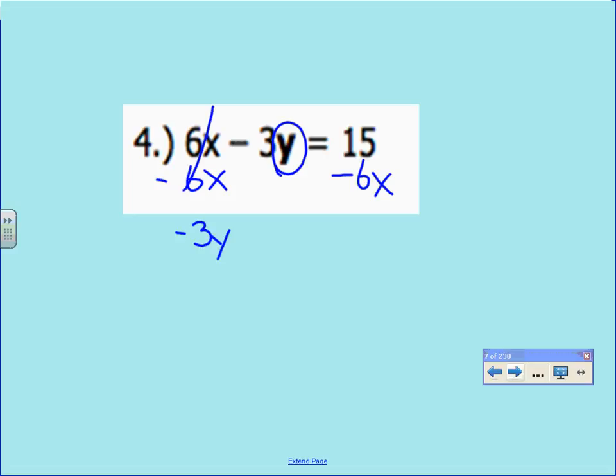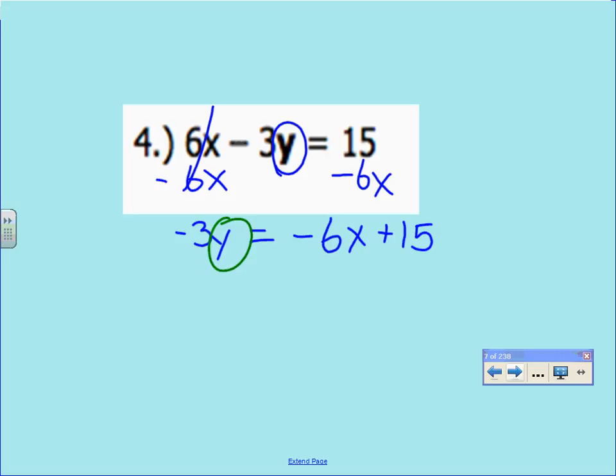So -3y equals, what term are we always writing first? Well, good. Always write the x term first. It's a negative, so keep the negative in front. -6x plus 15. Dirk, what's the next step? Good job. I'm going to circle the y again because we need to get that by itself.